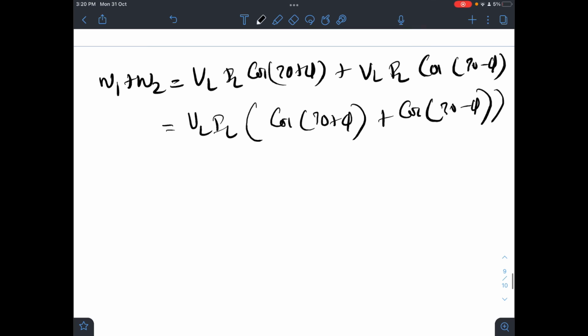Using cos A plus B plus cos A minus B, I will get 2 times cos 30 cos 5.